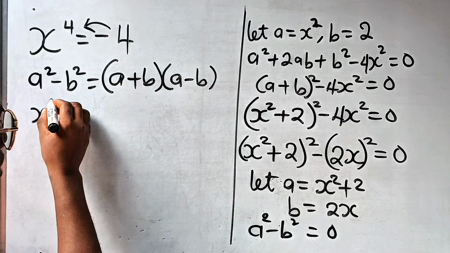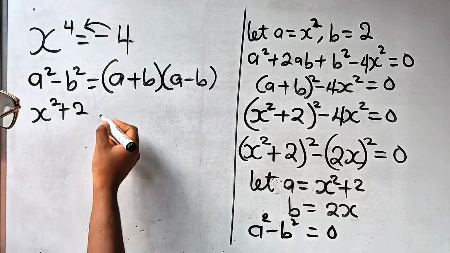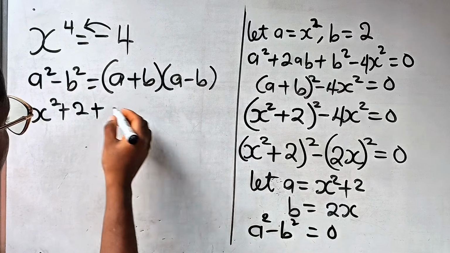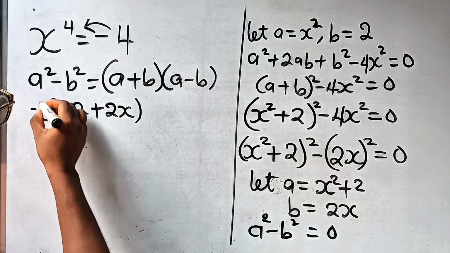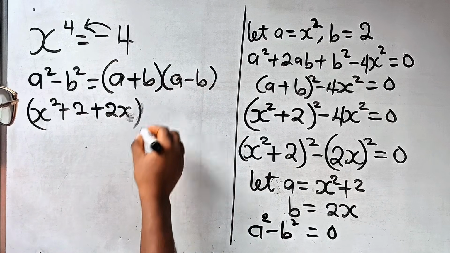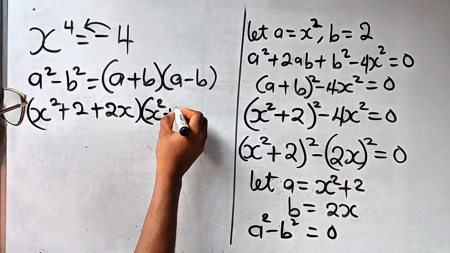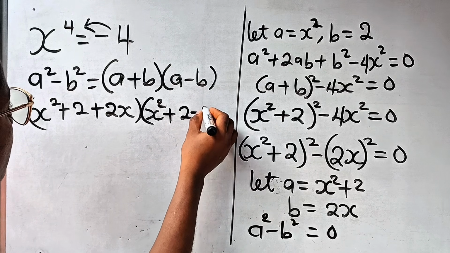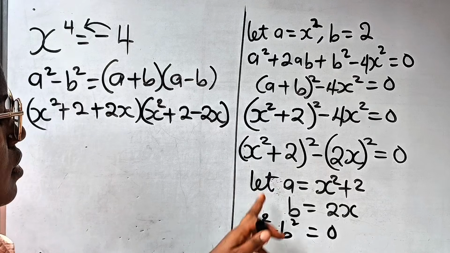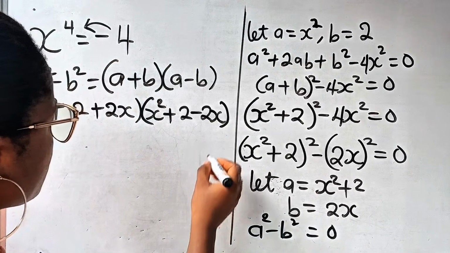So we can write this as x squared plus 2, plus 2x, that is our a plus b, right? Then multiplied by a minus b, that is x squared plus 2 minus 2x. All right, that has taken care of everything here, right? And this is equal to 0.